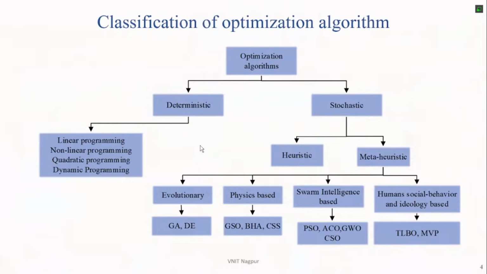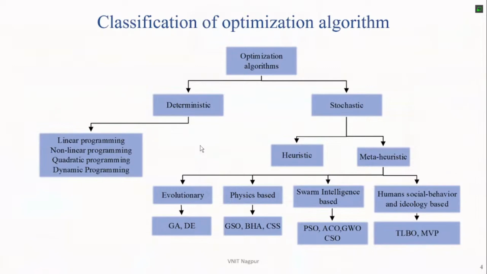If it is linear programming, we can utilize linear programming, or non-linear programming, quadratic programming, or dynamic programming. These are all part of deterministic problems. Here your variables may be of different types: integer, binary, or continuous variables. Then also we are able to solve it. We'll see later on how to solve such problems.